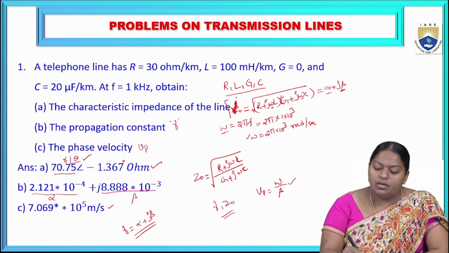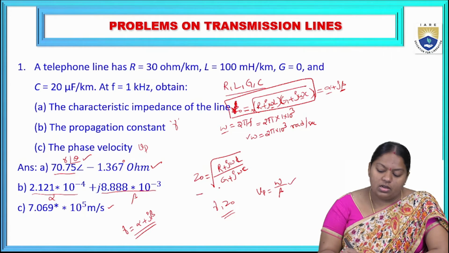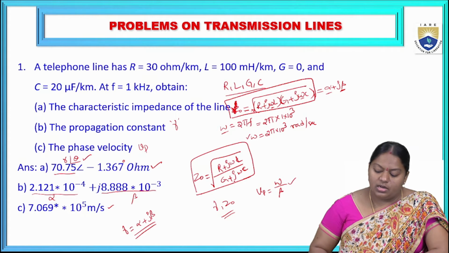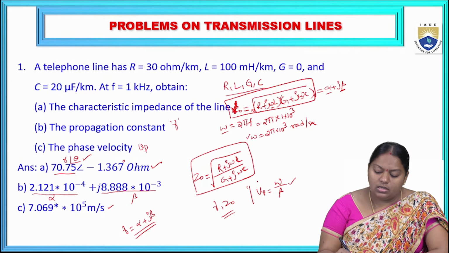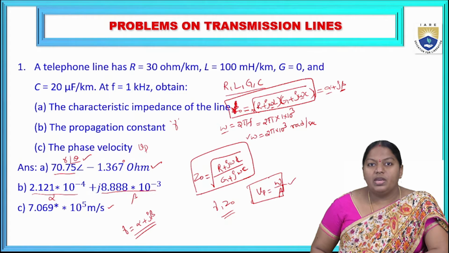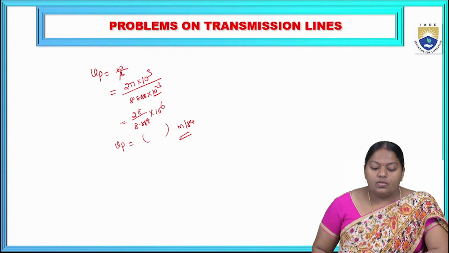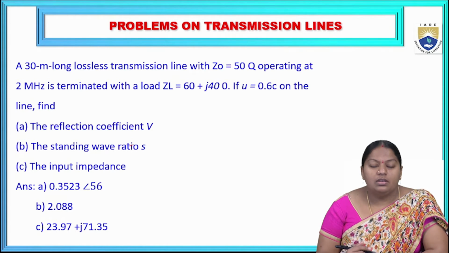The first formula, the propagation constant gamma, equals the root of r plus j omega L into g plus j omega C, whereas the characteristic impedance Z naught can be written as the root of r plus j omega L by g plus j omega C, and from the third part, the phase velocity Vp equals omega by beta.